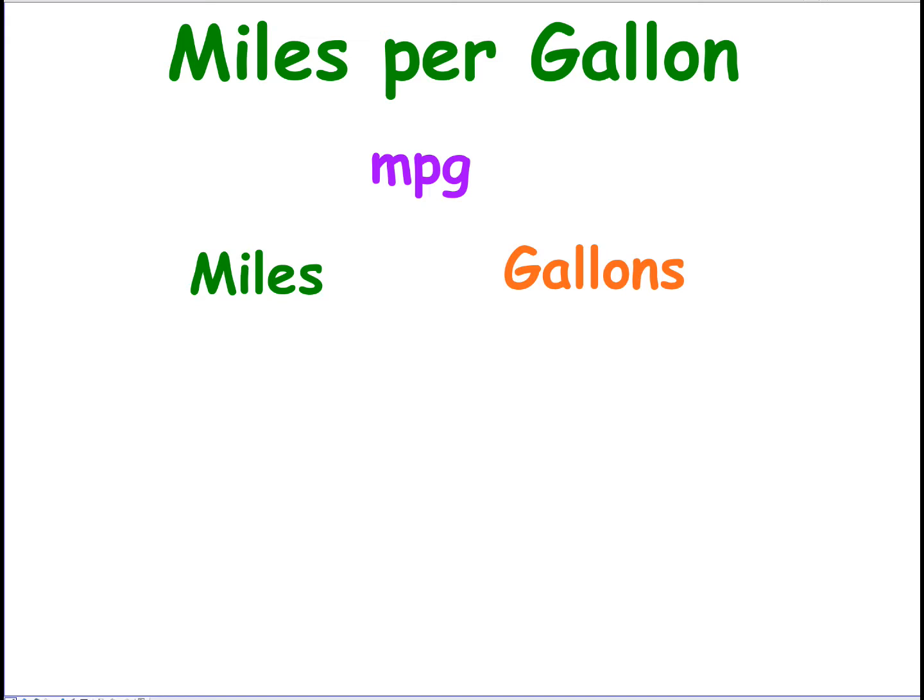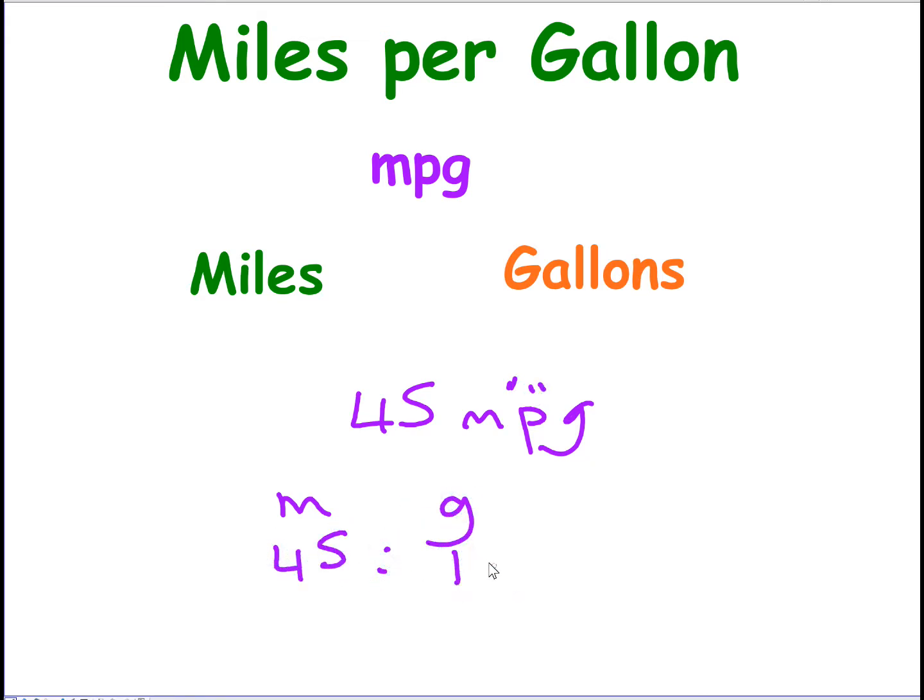If I said my car did 45 miles per gallon, and I have 10 gallons in my tank, miles per gallon means I get 45 of these to every one of those. If I have a 10-gallon tank, I multiply this by 10 and I know that on one tank of fuel I can do 450 miles.